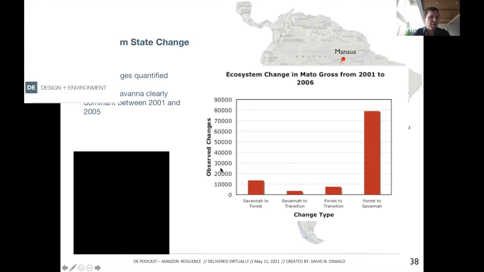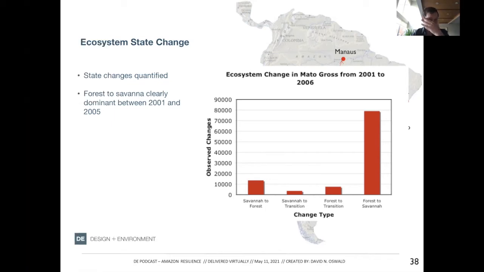But the thing that was very predominant in Mato Grosso between 2001 and 2006 was the amount of shift from forest to savanna. Way, way, way more observed changes than savanna to forest, like reforestation, and savanna to transition. So I had a transition state, forest state, savanna state, and quantified it in that way. So you can see that's a problem, because that's showing that this system at that point in time was moving towards less stability and a state shift.